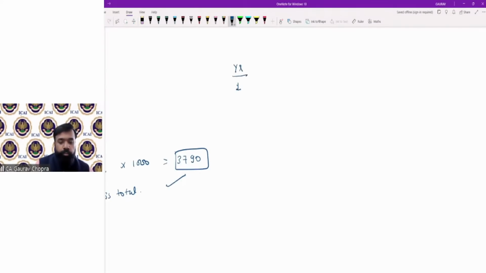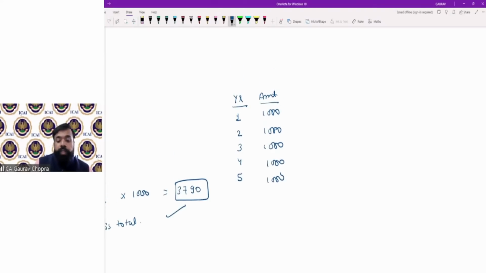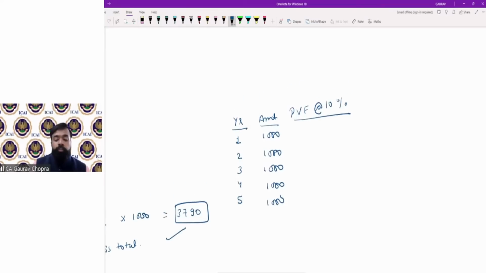So year 1, 2, 3, 4, 5. Now, what is the amount? Amount is 1000 for every year. Then, what we are basically doing, we are calculating present value factor with a given rate. The rate given was 10%. So how do we calculate this present value factor? This is calculated by 1 divided by 1.1.